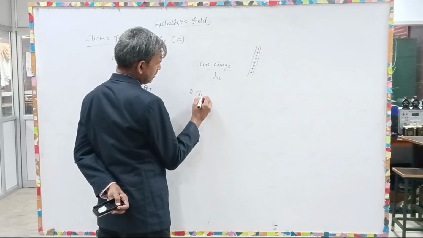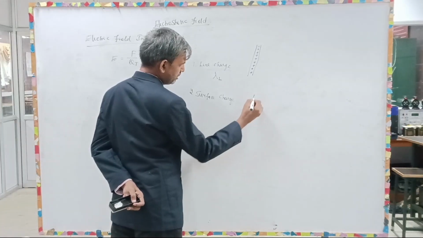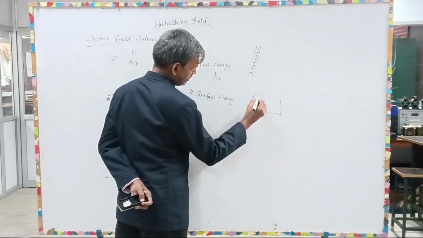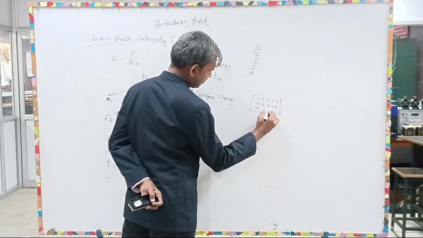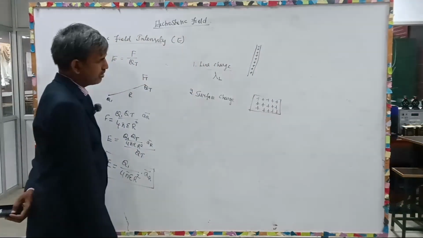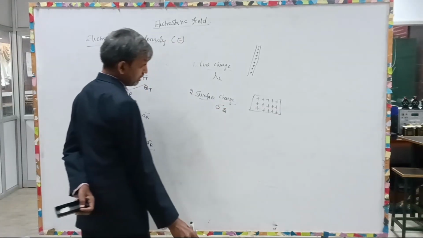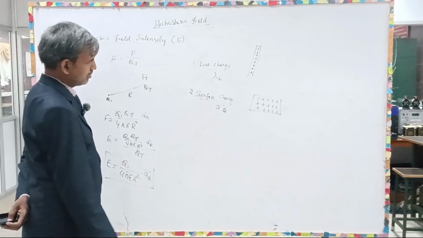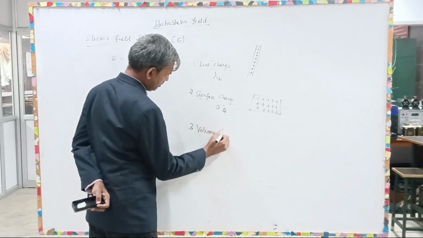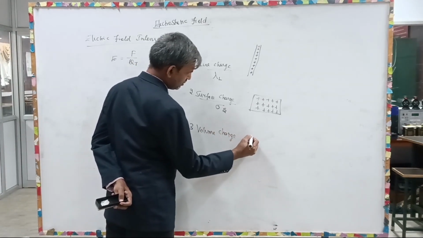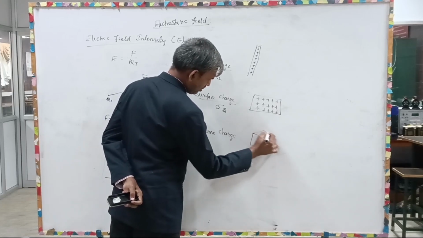Second one is surface charge: the charge distributed over a surface. The surface charge is denoted by sigma S. Third one is volume charge: the charge distributed over a volume.